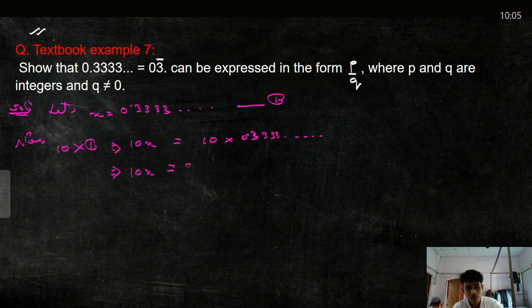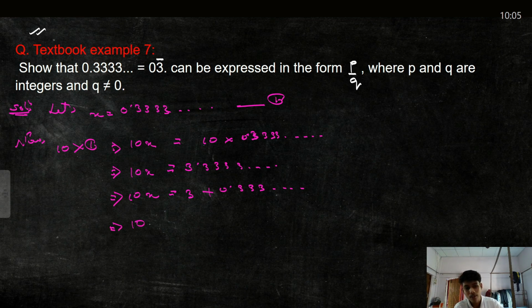That implies it will become 3.3333 up to infinity. Now 10x equals 3 plus 0.33333 up to infinity. We have broken it down.